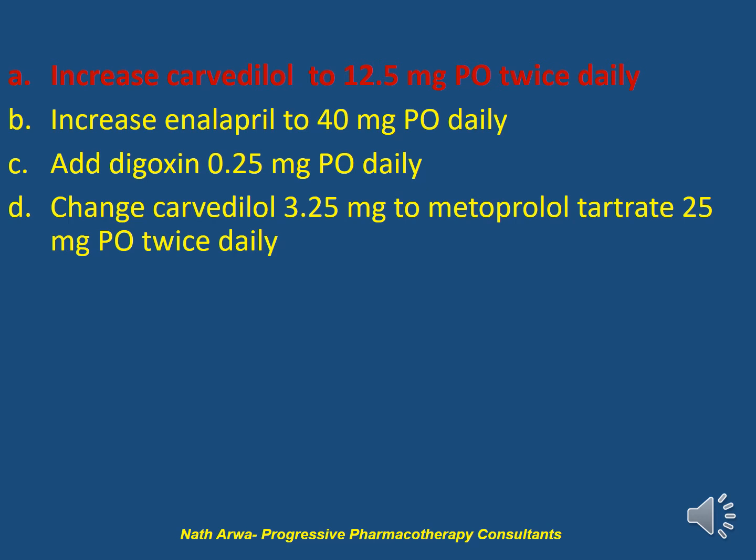Now, carvedilol would not be swapped with metoprolol tartrate, since metoprolol tartrate has been found to be less effective in heart failure patients. And I would not increase enalapril doses above 20. 40 would be a gross overdose, so that makes choice B inappropriate.